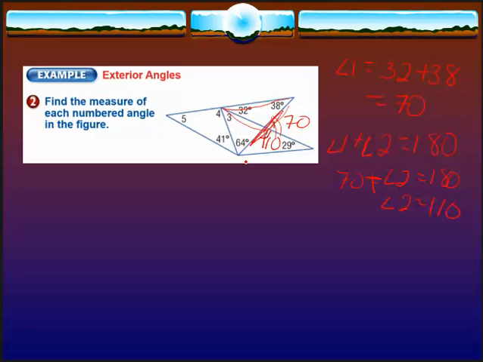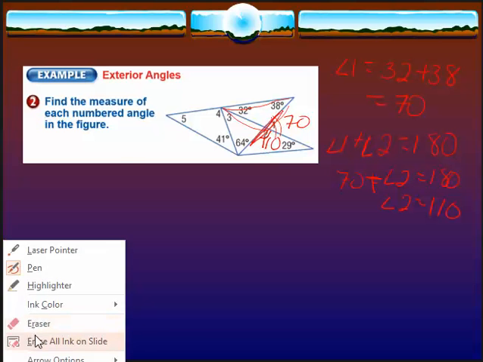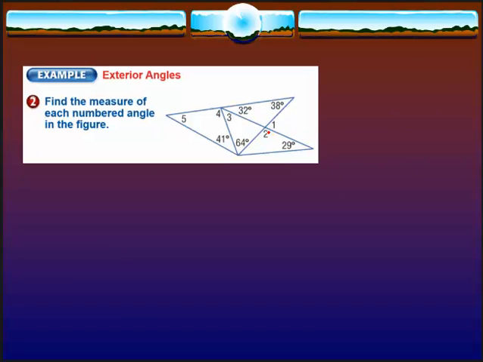Now, where do we go from there? Well, angle 2, let me clear this out a little bit so we can see it better. Angle 2 here is an exterior angle to this small triangle. If it's 110 degrees, it's the sum of these two angles.